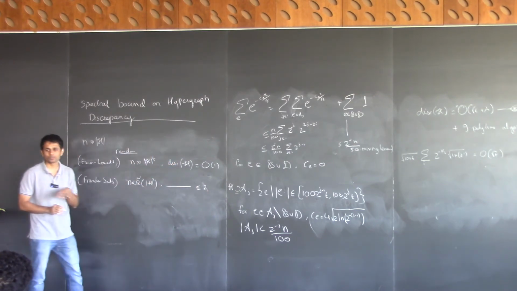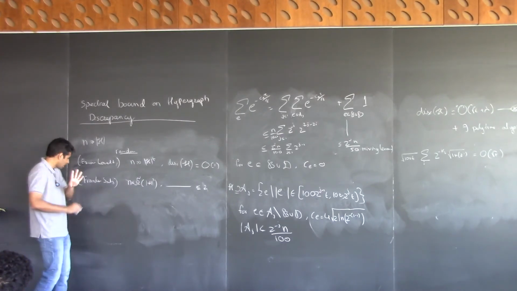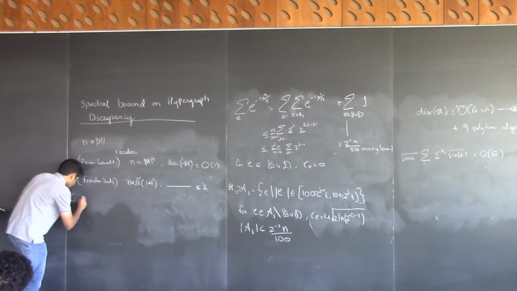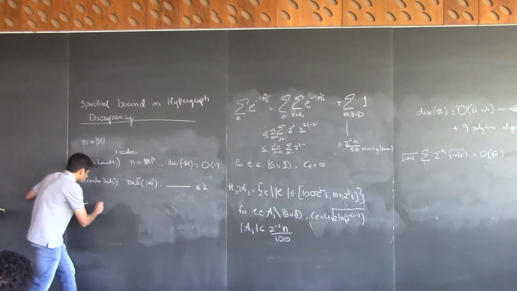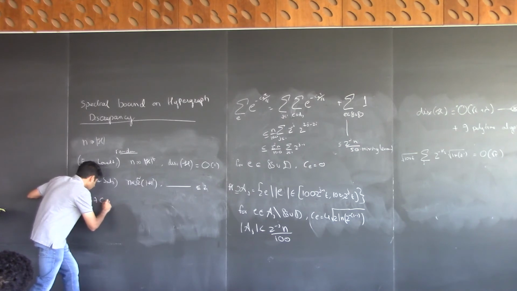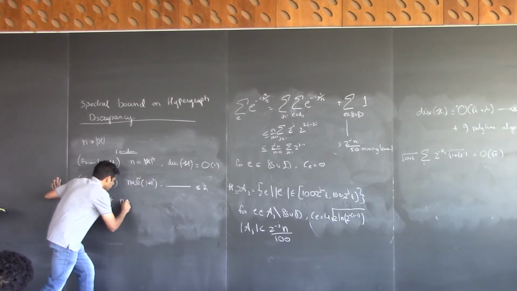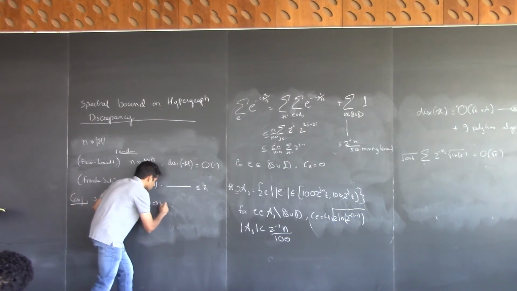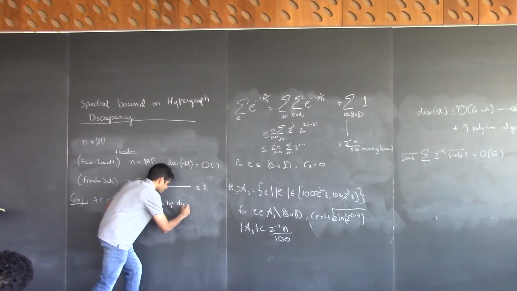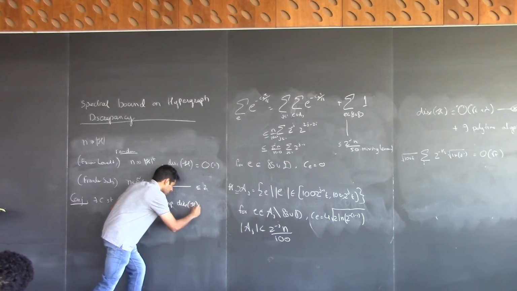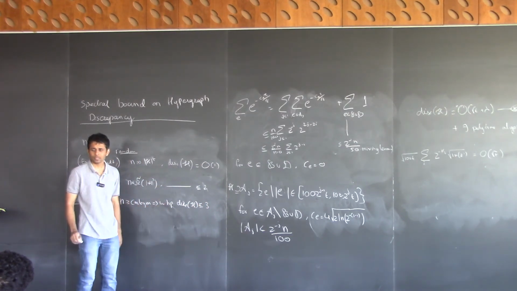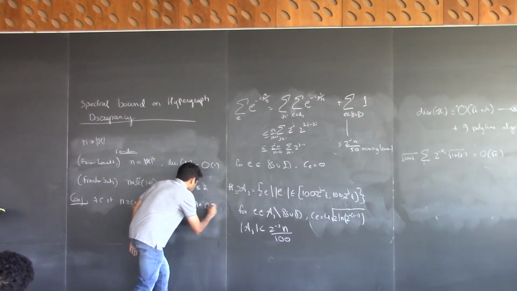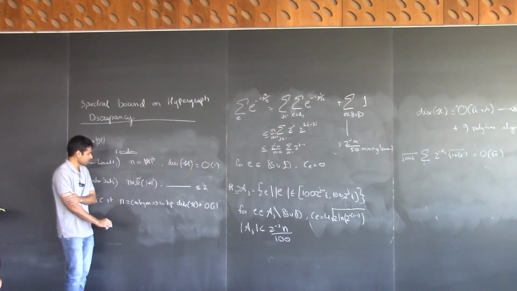Yeah, it's at most 2. Okay, so I'm conjecturing: if there exists a C such that n is bigger than Cm log n, this implies discrepancy is 3. This actually is big O of 1. Let's just keep it like that.